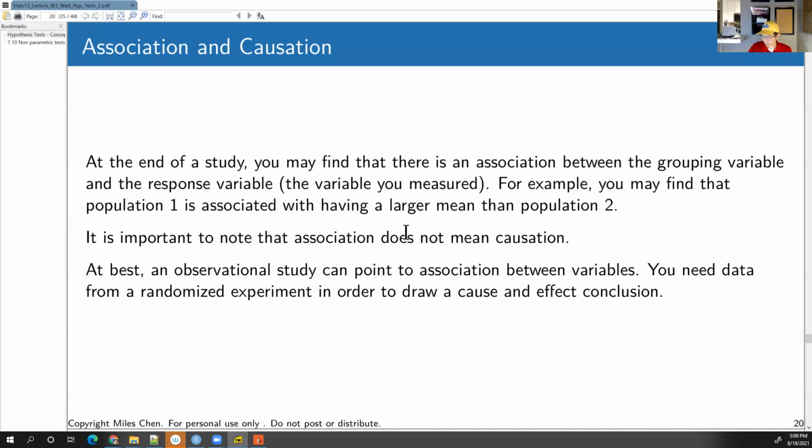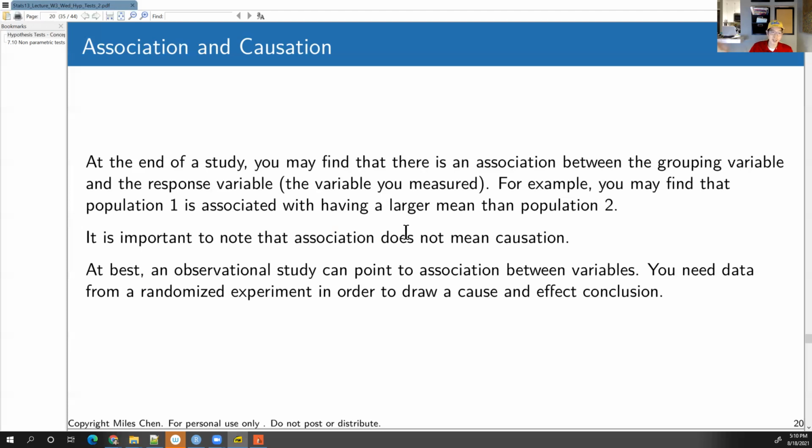If you do want to make a cause and effect conclusion, you need data that came from a randomized experiment, where we are able to assign treatments to each person. Certain things we cannot assign, for ethical or practical reasons.